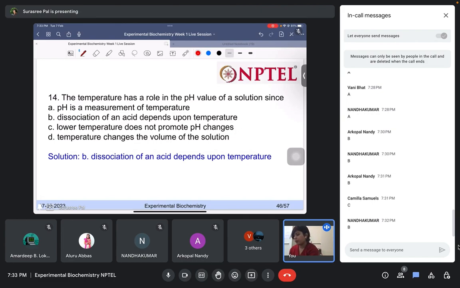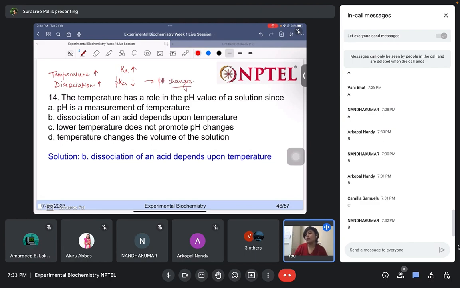So if temperature increases, then dissociation also increases, which means that the dissociation constant also increases, which means that the pKa value will decrease, and which will affect the change of pH, right?